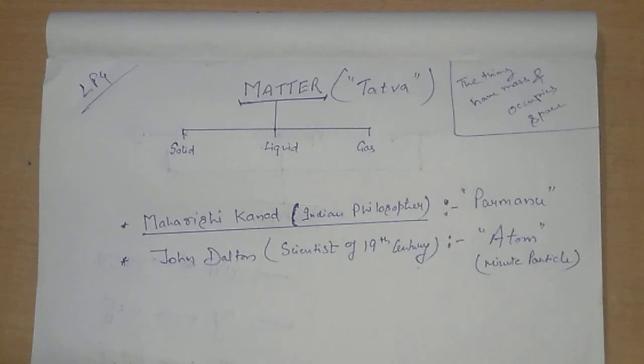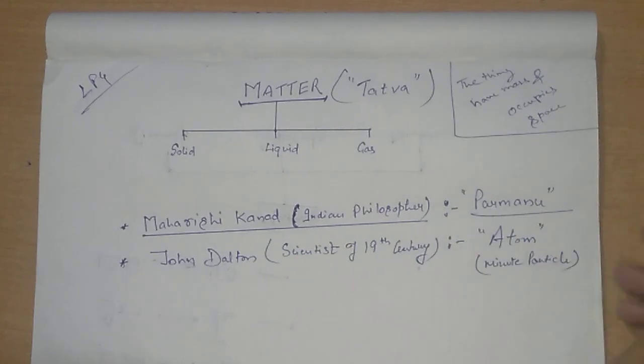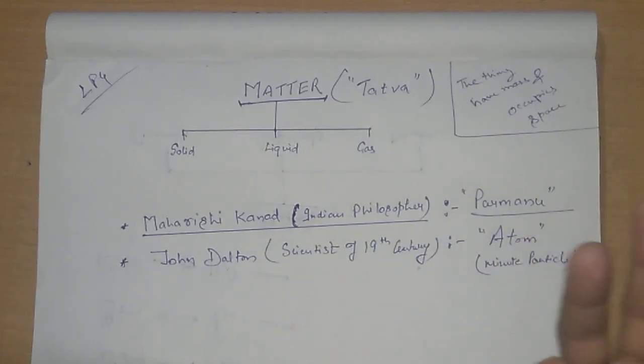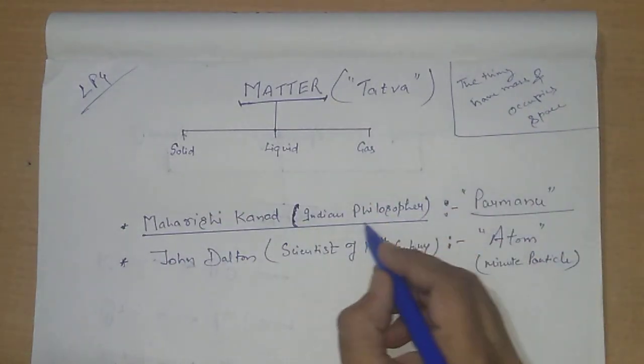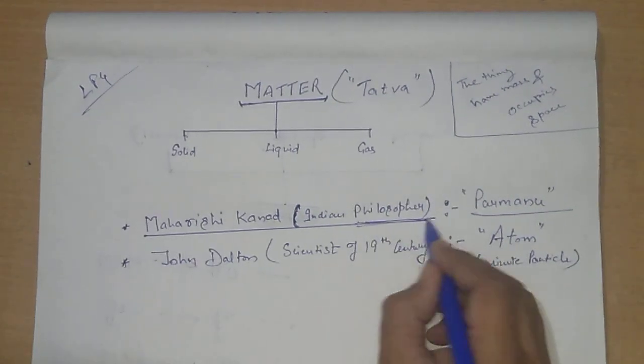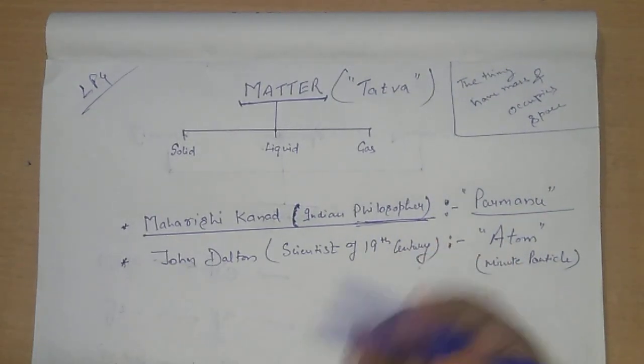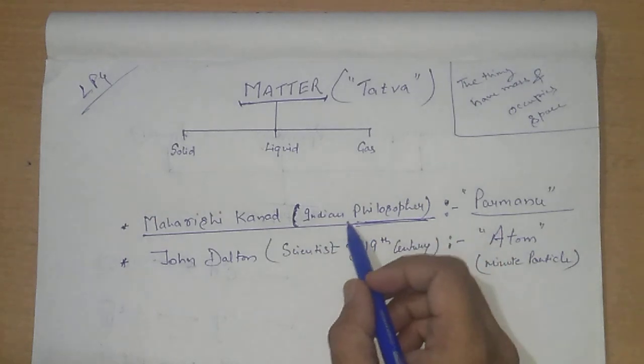Clear? Maharshi Kanad gave those small particles a name, Parmanu. He gave the name Parmanu to all these small particles out of which everything around us is made. This was his philosophy, because he was a philosopher, a thinker, and that too many years ago.